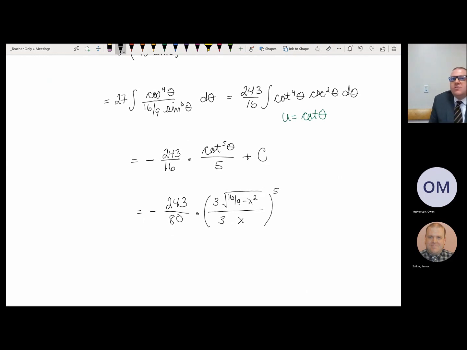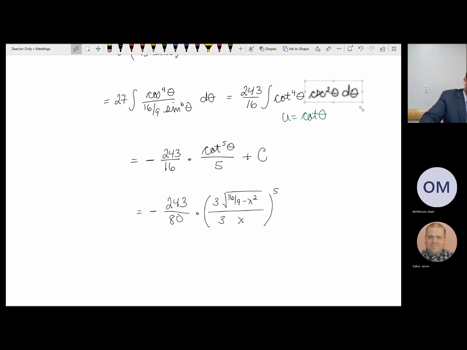Canceling out the quarters. Use substitution for cotangent. So what is the derivative of cotangent? Anyone? It's negative cosecant squared. There's cosecant squared d theta.